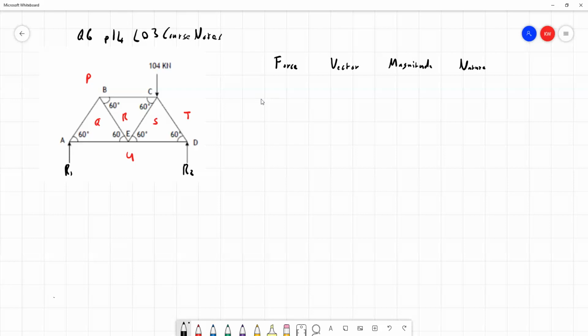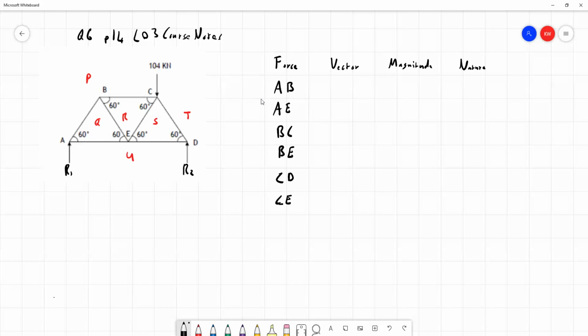We'll start off with each node in turn, and then we'll list any additional members we need to consider. Starting at node A, it is connected to B, so we'll have the force AB, it's connected to E. Node B is connected to A, we've got that covered already. It's also connected to C and connected to E. Move to node C, and that's connected to B, we've got that covered. And we'll include CD and CE.